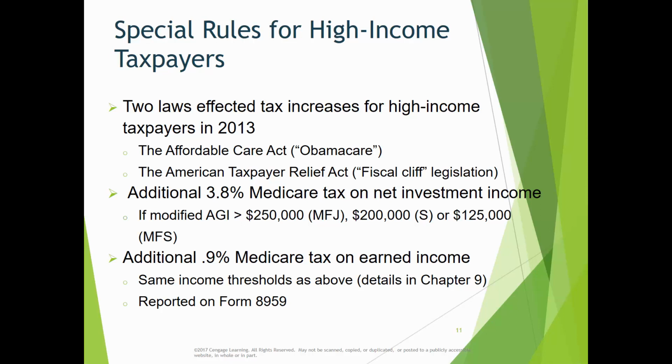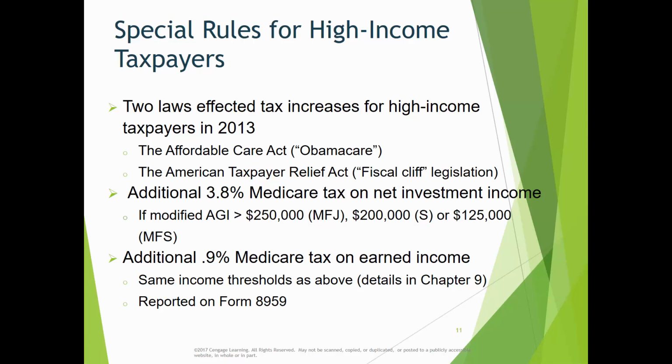Then, on the other side of the plate, which is what made President Obama so incredibly unpopular with high-income people, is that part of the 1,950-page legislation known as ACA contained provisions for funding it.